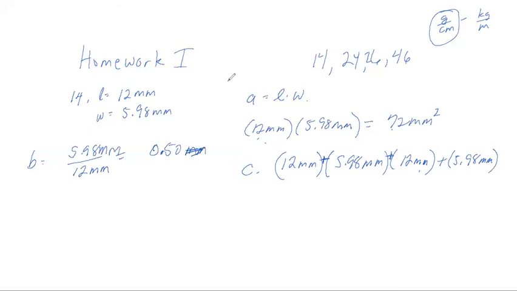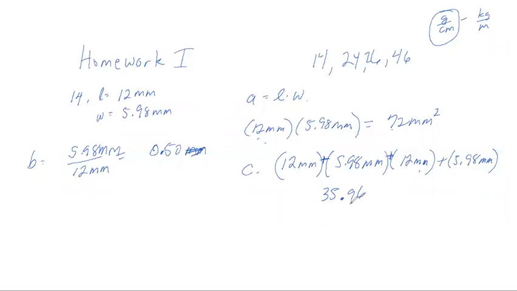Let me go ahead and do this on the calculator. 12 plus 5.98 plus 12 plus 5.98 is 35.96. So now when I add or subtract, it's the number behind the decimal point that matters.